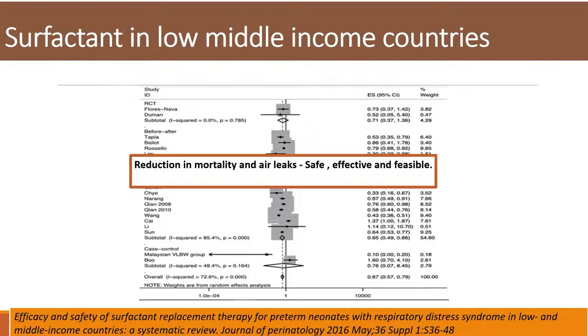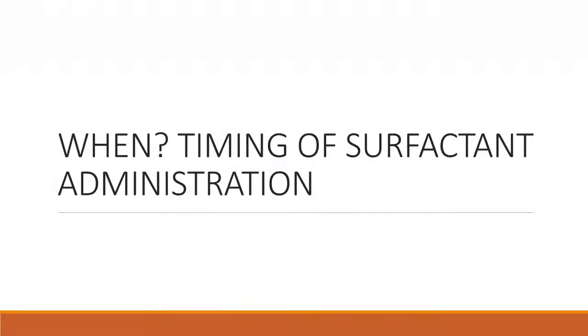This is from a systematic review which was published by the AIIMS group in Journal of Perinatology in 2016, which looked at the effect of surfactant in low and middle income countries and found that from a series of observational studies and a few RCTs as well, the use of surfactant replacement therapy was associated with reduction in mortality as well as air leaks, even in low and middle income countries, as much as it was found in the high income countries, and hence was safe, effective, and also feasible.